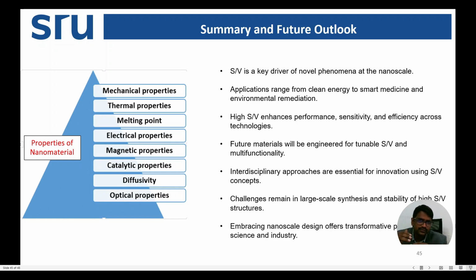But when you plan large scale synthesis in terms of kgs, whereas usually in laboratories we prepare just mg level or sometimes gram level, when you go to kgs, at that much higher scale of production, it is complicated to replicate the same size, same morphology, same performance, same efficiency.